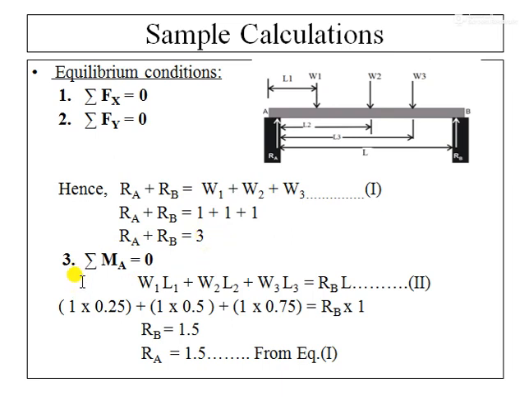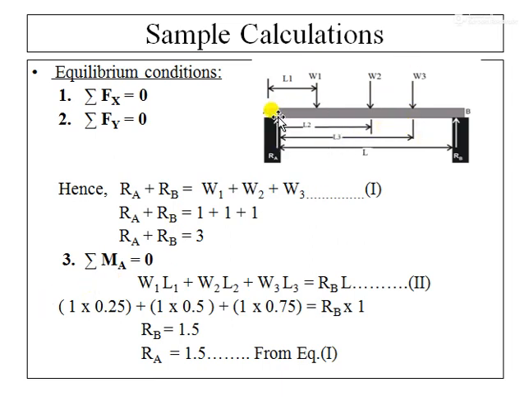Now, the third equilibrium condition is taking moment at any of the points. Let us consider that we are taking the moment at point A. So when we take a moment at point A, we are going to take it in this form, that will be W1 into L1 plus W2 into L2 plus W3 into L3.